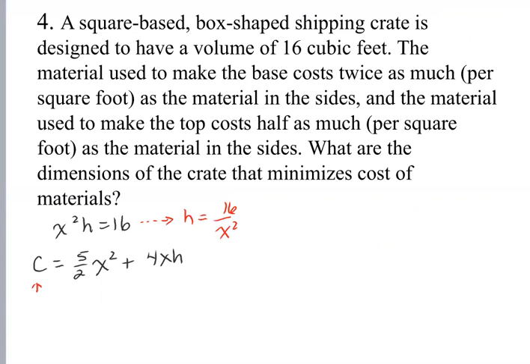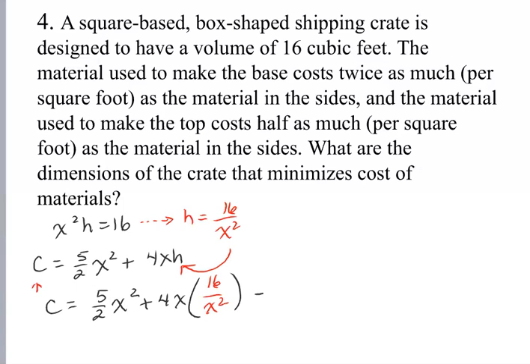And I'm going to substitute that in for h in this equation. So that gives me the cost C is equal to 5/2 x squared plus 4x times h, which I know is 16 over x squared.